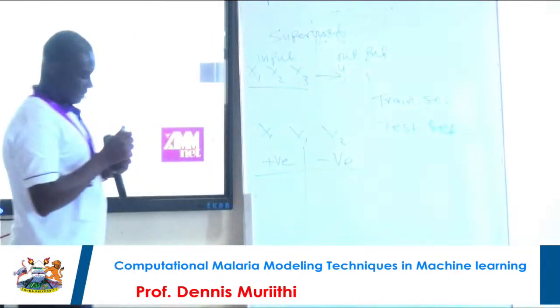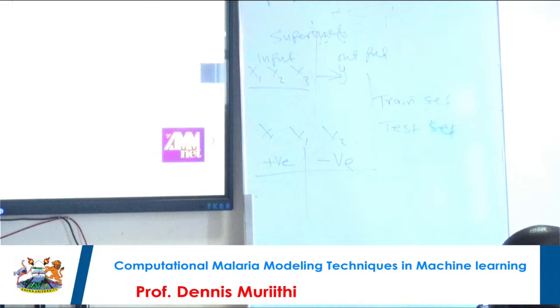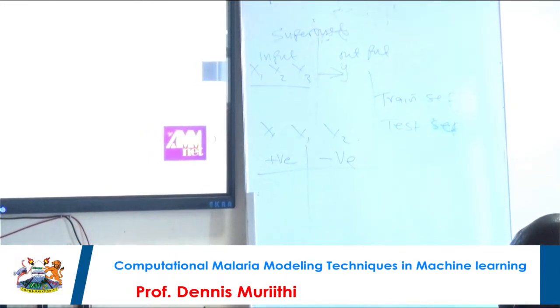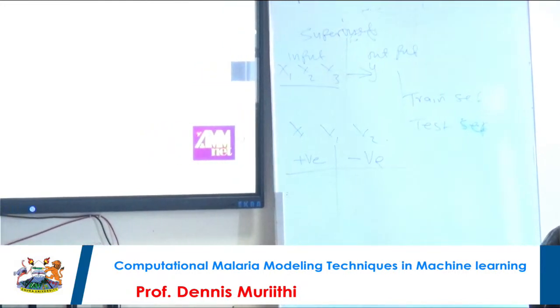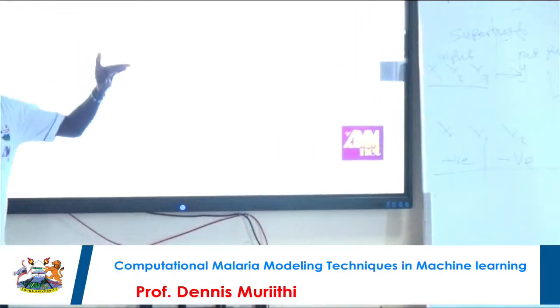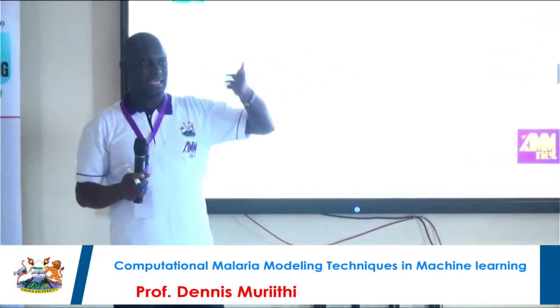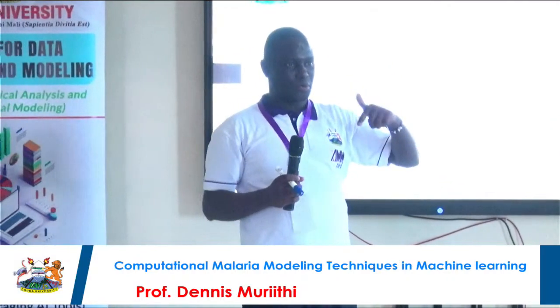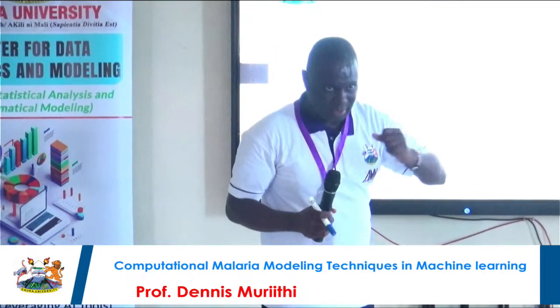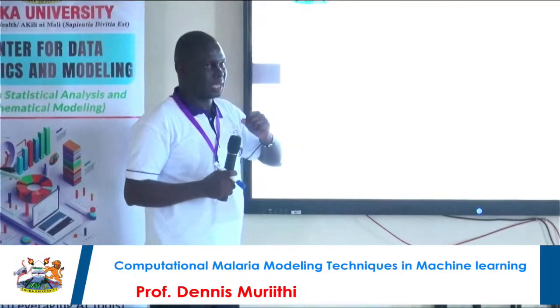The training set is the data that is used to train the model. Then the remaining 20% is the data that is used either to assess or to test the model to see whether it is working.